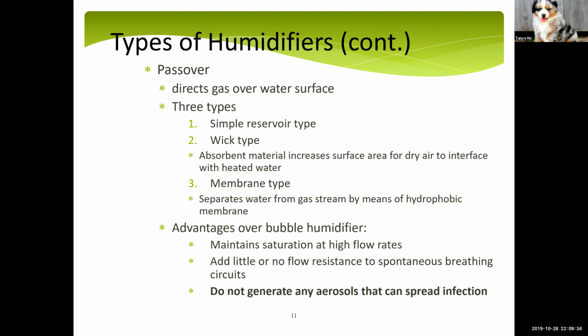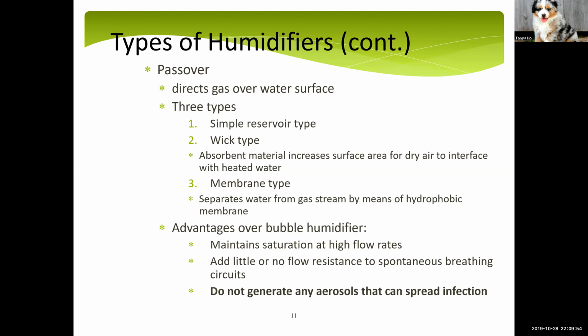Okay, so the advantage of this is that you can have humidification delivered at high flow rates. There's not as much resistance in these breathing circuits because at high flow there's not a lot of back pressure being produced.